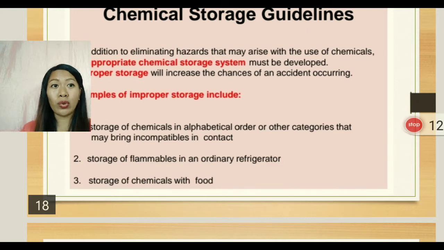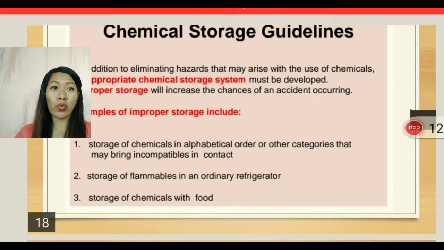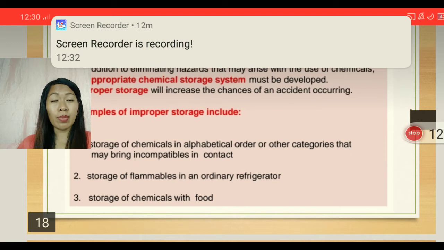The most common way that we usually do when we store items is to do it in an alphabetical way, but it's not always the case, because for chemicals, they should be categorized in group according to their compatibility, and we will go further to that as we go along.